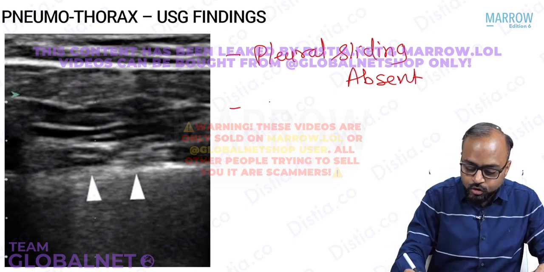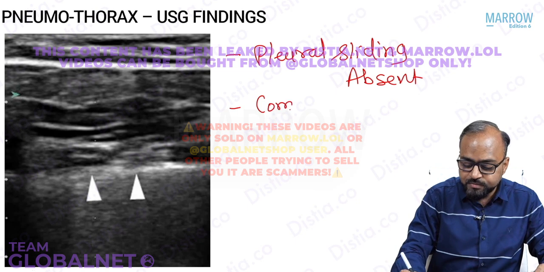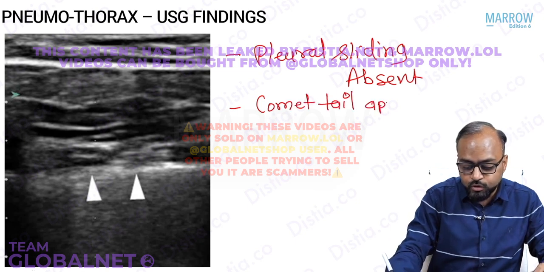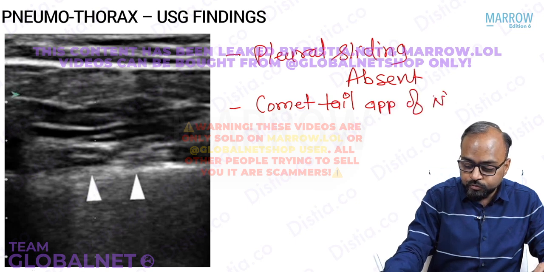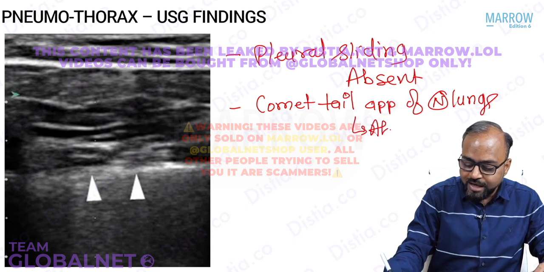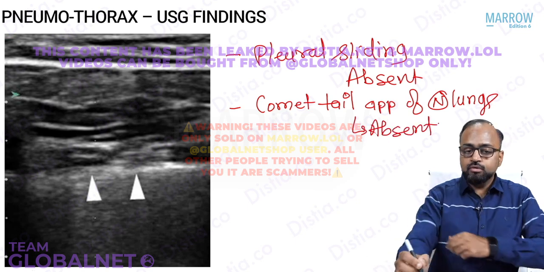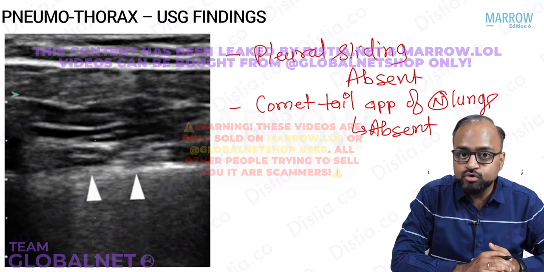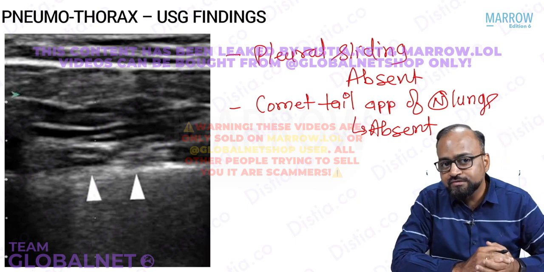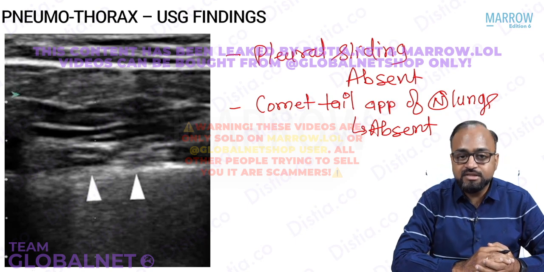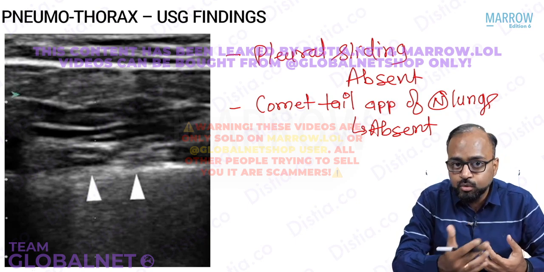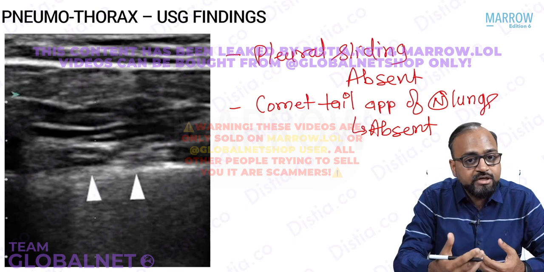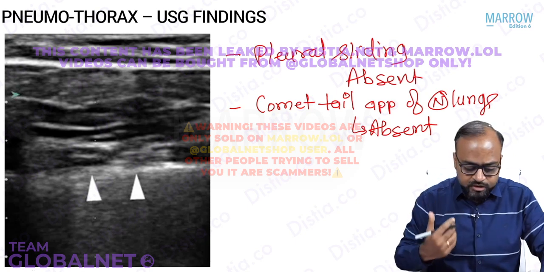Along with this, there are normal comet tail artifacts in the lungs, so the comet tail appearance of normal lungs will also be absent. So pleural sliding will be absent, the comet tail appearance of the lungs will also be absent, and there are some positive signs which have been described. These signs are called the stratosphere sign, barcode sign, or lung point identification sign. Let us look at them.